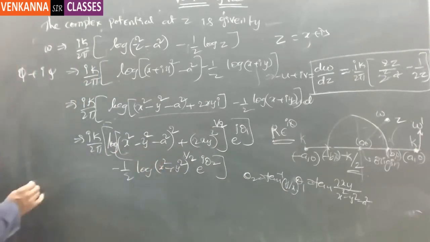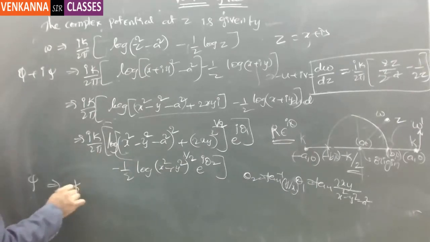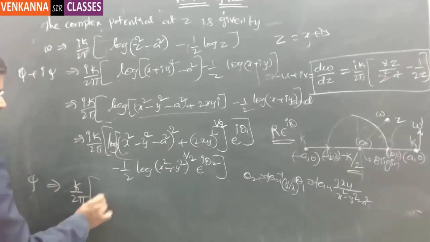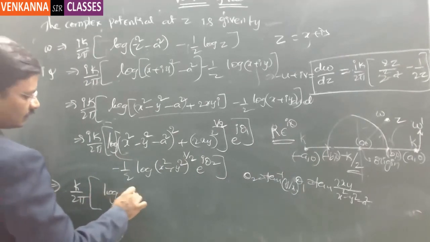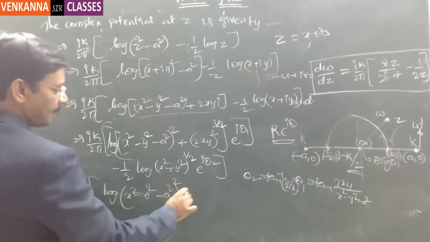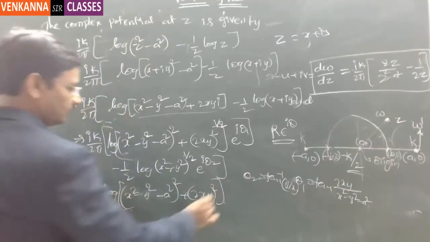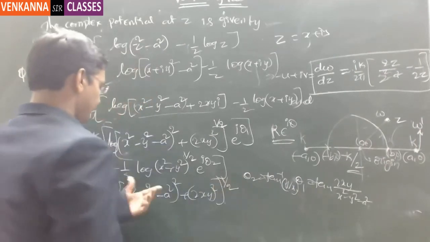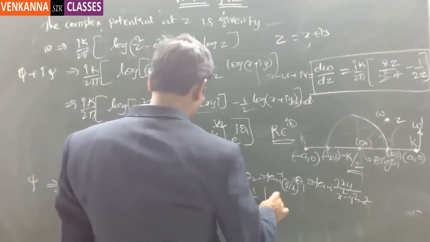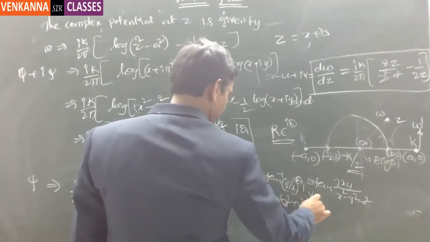So if you separate the psi value, which is the imaginary part, it is k by 2 pi times of log of (x square minus y square minus a square) whole square plus (2xy) whole square, whole power 1 by 2, minus 1 by 2 times of log of (x square plus y square) whole power 1 by 2.